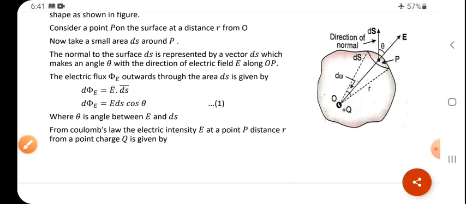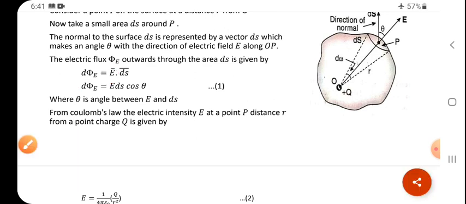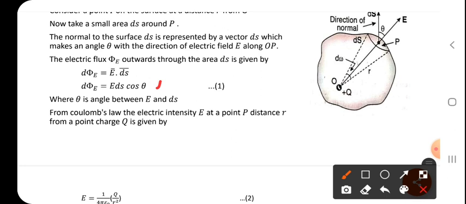If you want the total flux, then you must integrate it. If you remove the dot product, we can write it as E dS cos theta, right? For dot product, cos theta, where theta is the angle between E and dS.